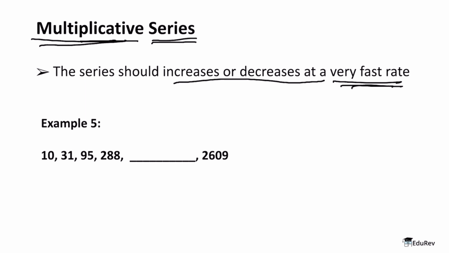So it's 10, 31, 95, 288, and then there is just one blank and it just rushes to 2609.